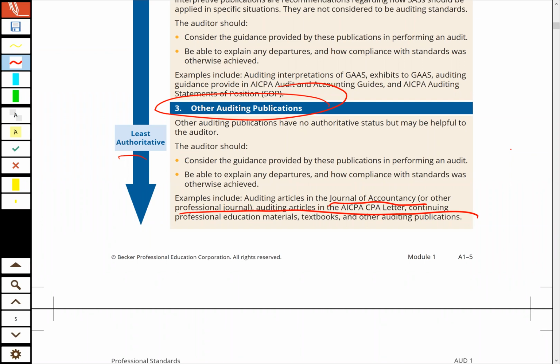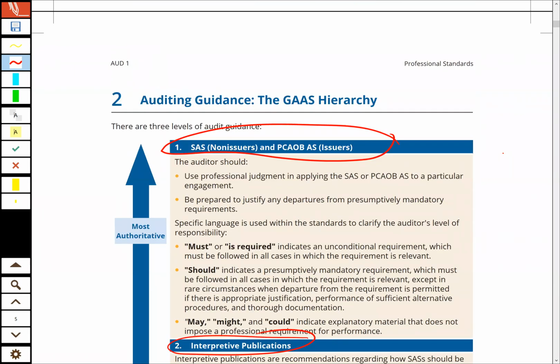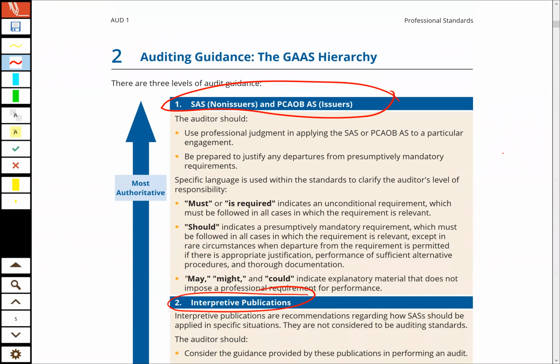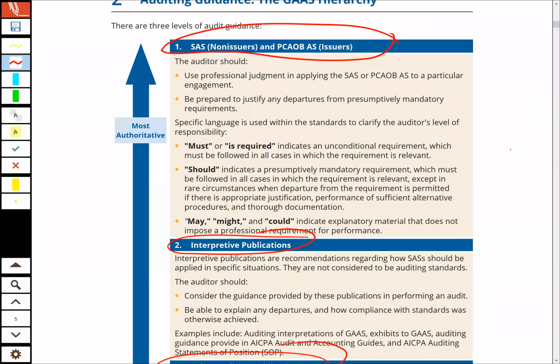They just had to make sure to cite where they got it. It's just not as authoritative as a PCAOB or a SAS standard, but a student could answer a research question from any of these authoritative sources as long as they cite the source correctly and don't lift comments from there without citing the source.